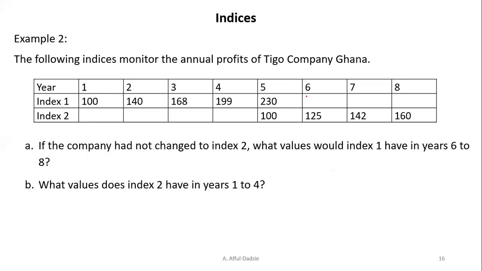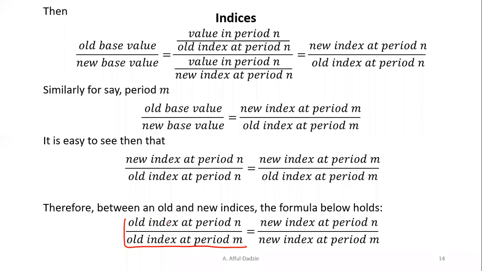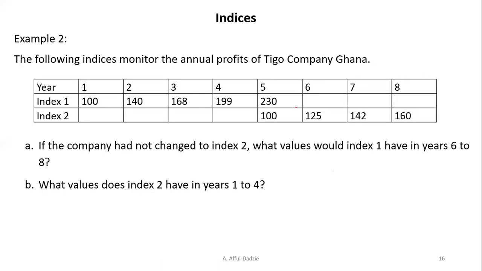If we go back, the old index value at period N over the old index value at period M would be equal to, since we are moving from the old to the new, the new index value at period N all over the new index at period M. Here, this is our old index, this is our new index.